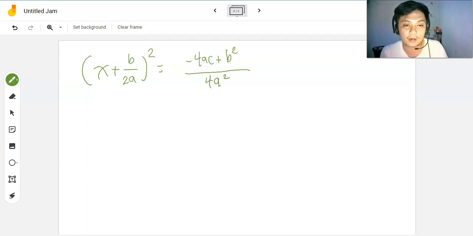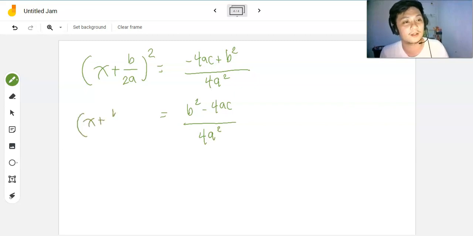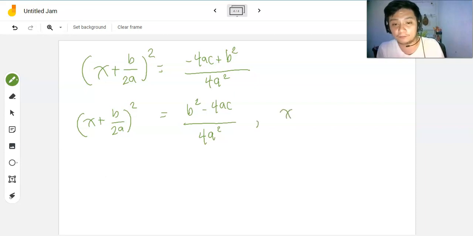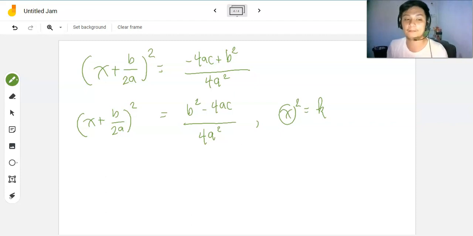We can change the arrangement of our numerator. So, it can become b squared minus 4ac all over 4a squared, and that is equal to our SOAB, x plus quantity b over 2a, the binomial. Okay? So, when our equation looks like this, it is actually of the form x squared equals k, where x here is a binomial and the right side is a constant. So, we can apply the square root property.